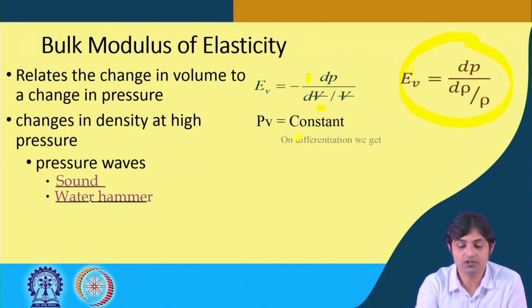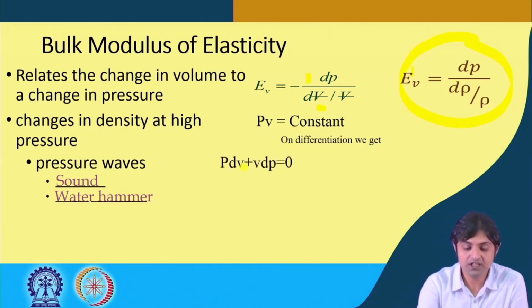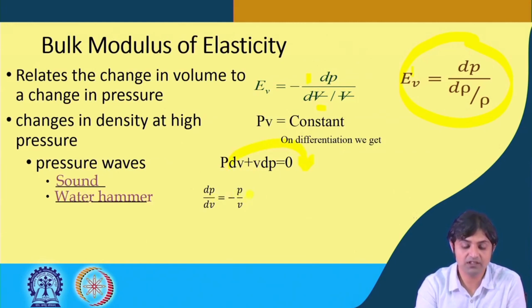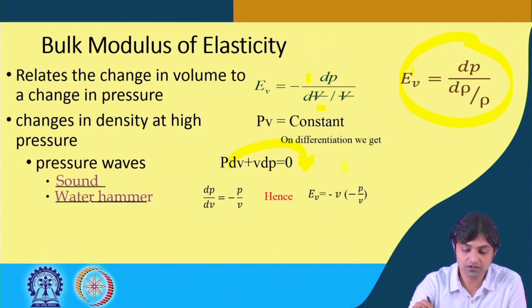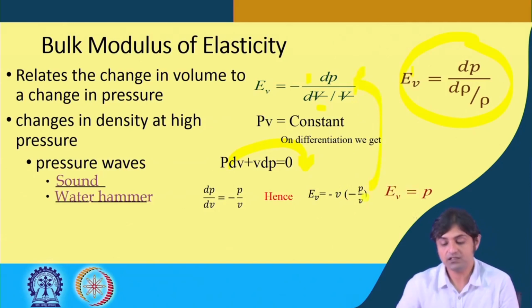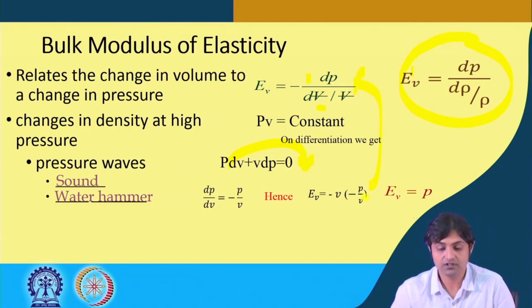So we already know PV is equal to constant. On differentiation we will get P dV plus V dP is equal to 0, and if you take P dV to the other side and do dP by dV, it comes out to be minus P by V. Hence Ev can be written as, if you use this equation and substitute the value of dP by dV, putting these two equations together we will get Ev as pressure in this case.